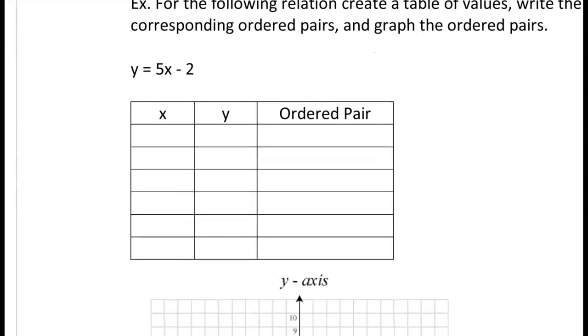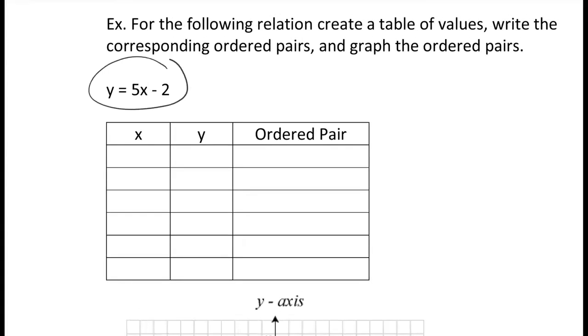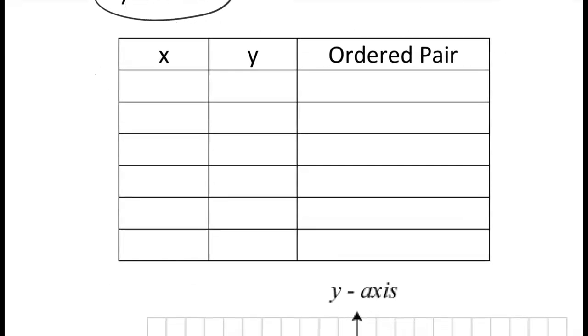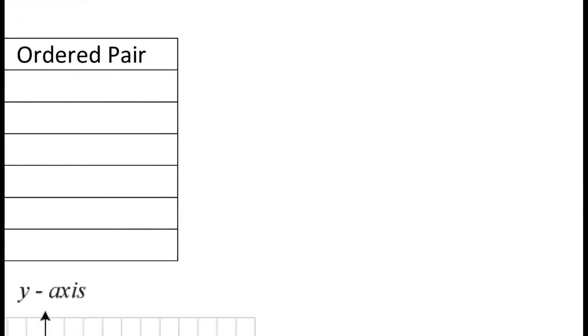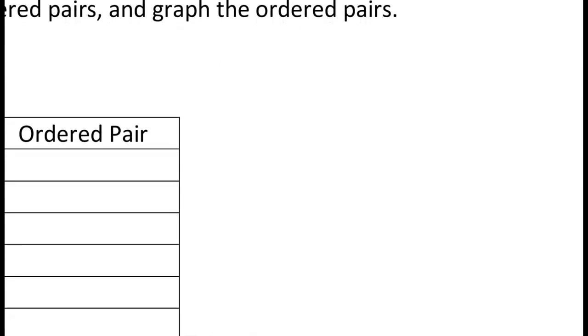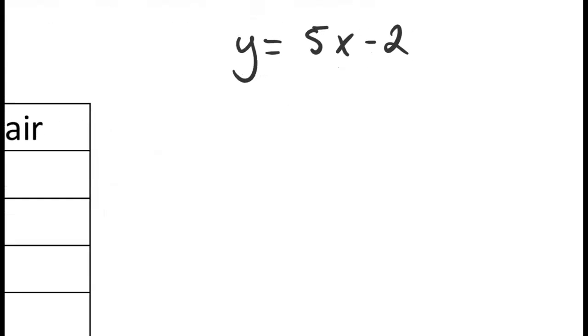So the equation that we're going to be looking at here is y equals 5x subtract 2. So just like we were doing in all of the previous lessons, I'm just going to go down by 1 here. So writing out our equation that we're using, we have y equals 5x subtract 2. Now remember, we're going to be inputting our values for x.